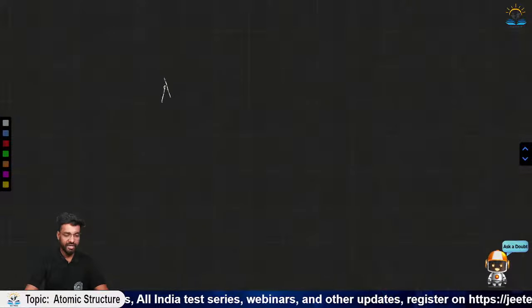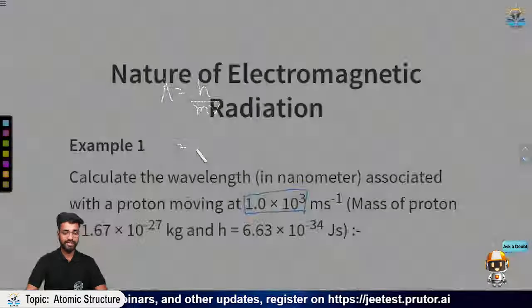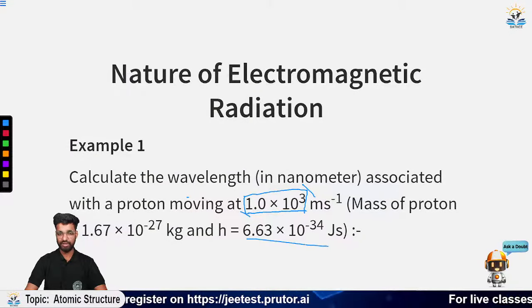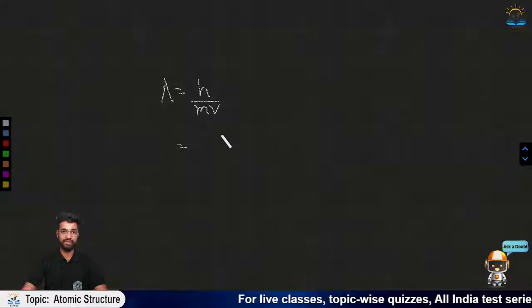So what do we need for lambda here? We need h upon mv. h is a constant and it is given here. It is 6.63 times 10 to the power minus 34 joule second. And we have the mass of the proton, which is 1.67 times 10 to the power minus 27 kg.